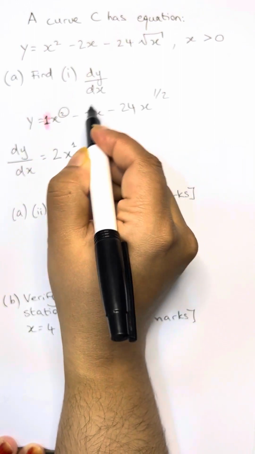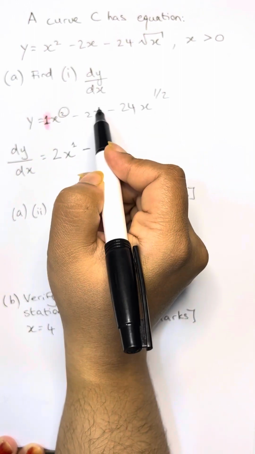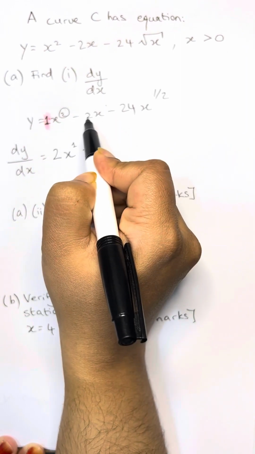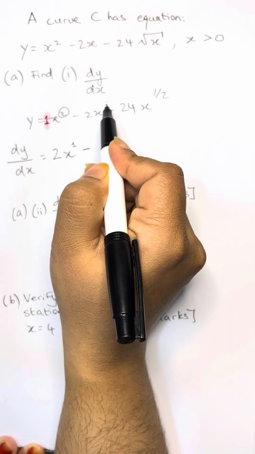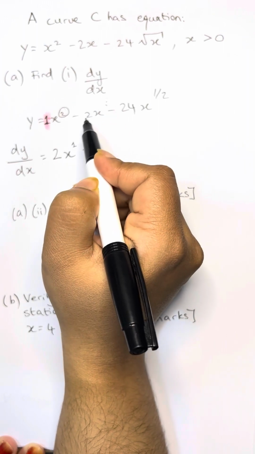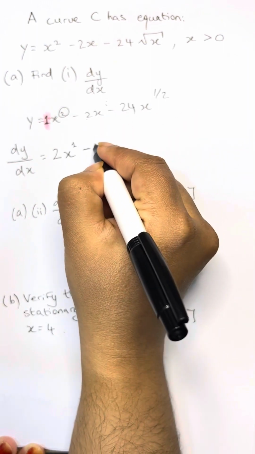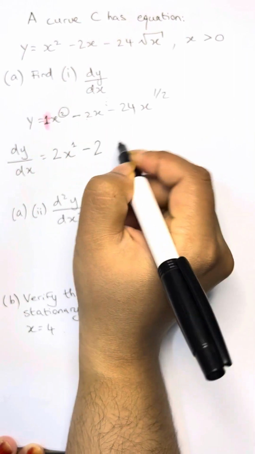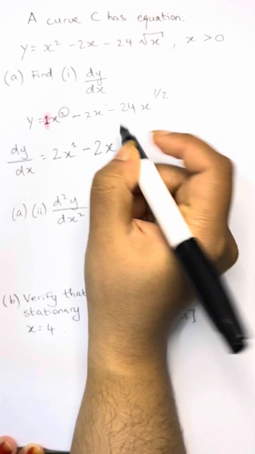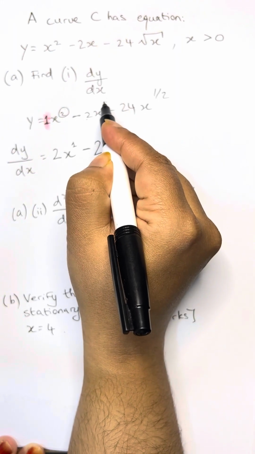Remember the first step again: for each of these, I need to multiply the power with the coefficient first. Because I don't have any power here, it means 1. So 1 times 2, that's 2. Minus 2, careful with the sign. Then the next step, I need to take away 1 from the power.